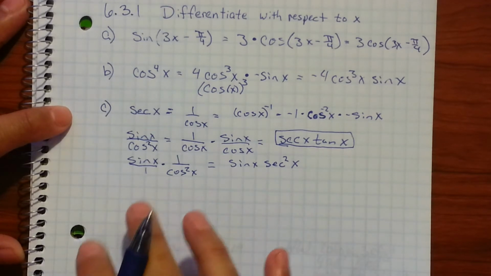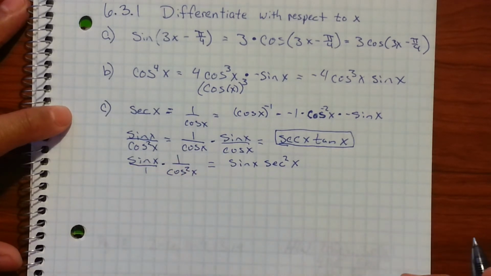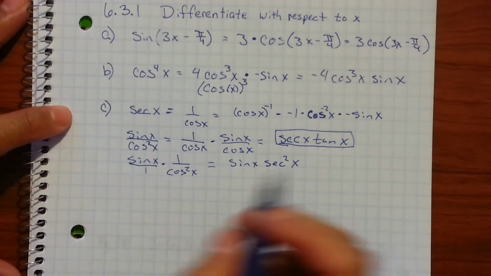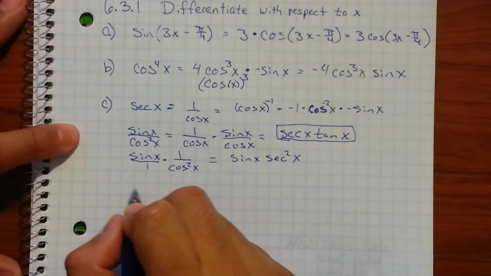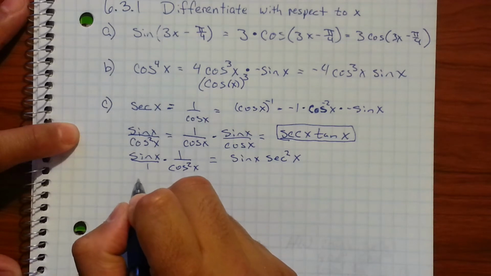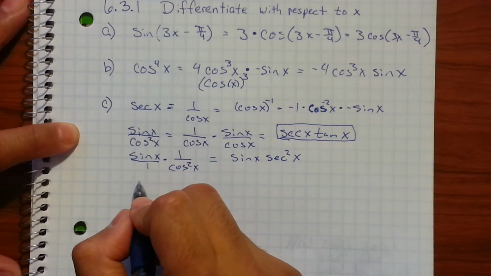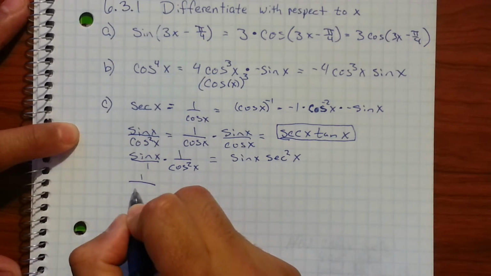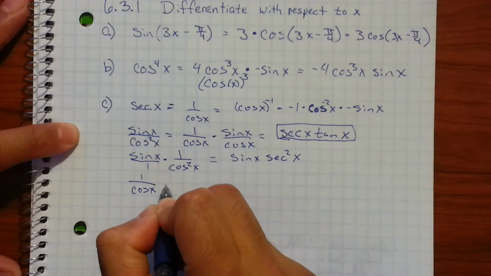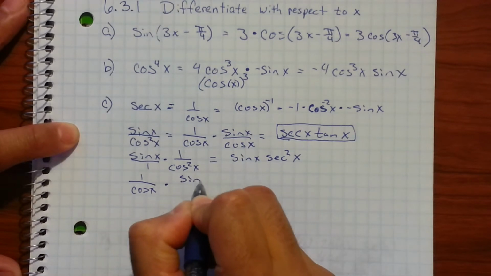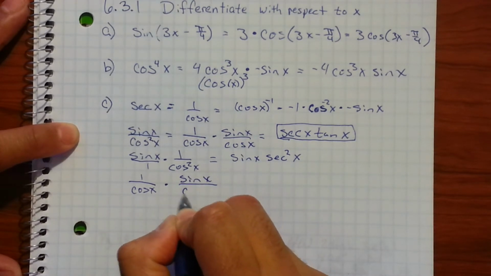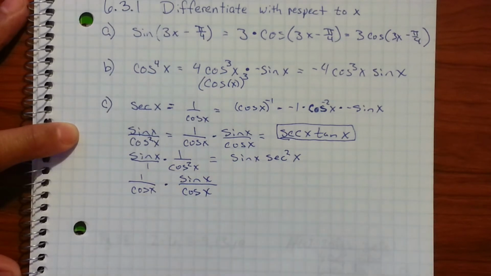And let's take a look. One more way of writing this is if I go with just rewriting what I had right up here. I'm going to write that as 1 over cosine x times sine x over cosine x.